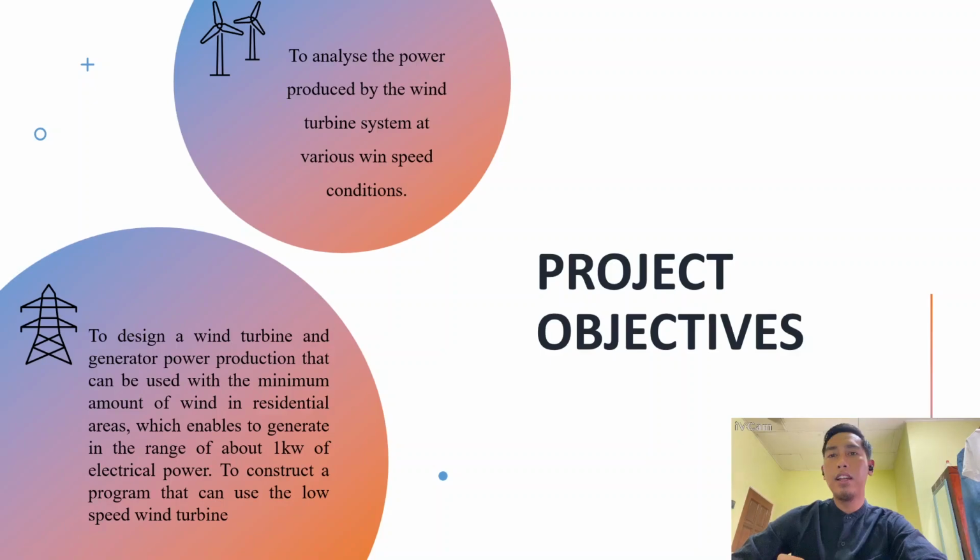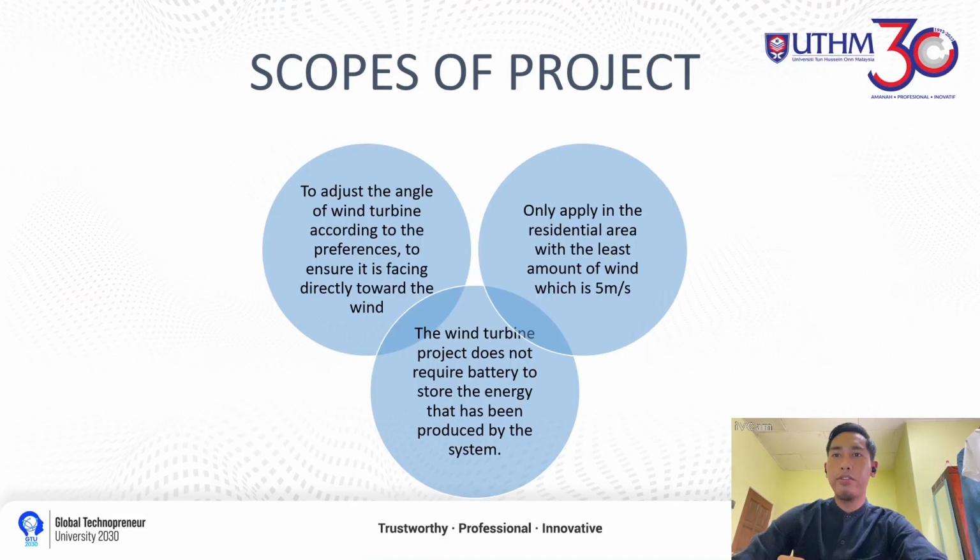Then, to analyze the power produced by the wind turbine system at various wind speed conditions. For the scope of the project, first, we adjust the angle of the wind turbine according to preferences to ensure it is facing directly towards the wind, and it is only applied in residential areas with the least amount of wind, which is 5 meters per second.